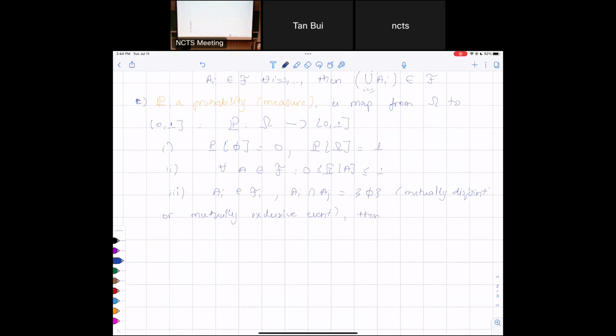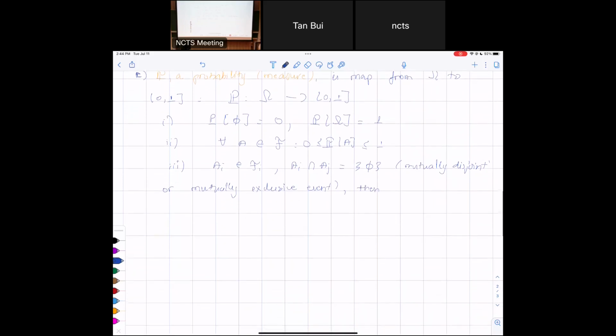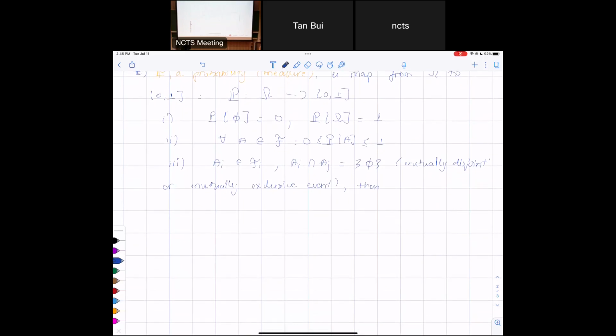Then, if you have these mutually disjoint sets, one of the conditions of the probability is that if you take a union of the sets A_i from 1 to n, then it is equal to the probability of each subset summed up from 1 to n. By the way, I would like you to think about this. Another thing that I really would like you to have in mind is this.